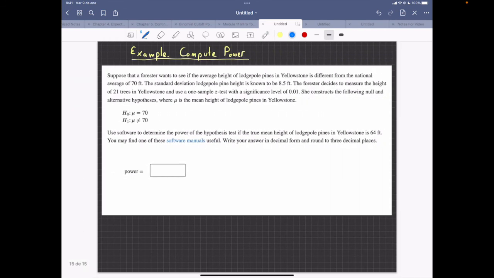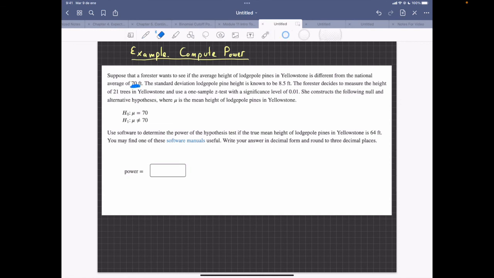All right. Finally, compute the power. This is like in the lab. There is a lab for power in this module. So we have to do kind of the same here. It says, suppose that a forester wants to see if the average height of lodgepole pines in Yellowstone is different from the national average of 70 feet.